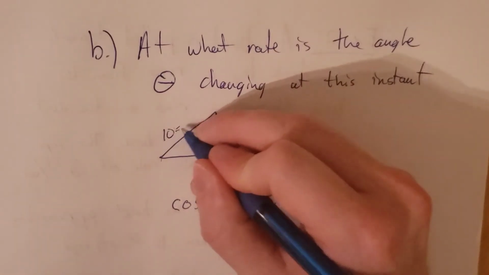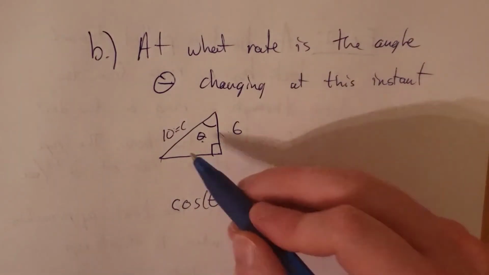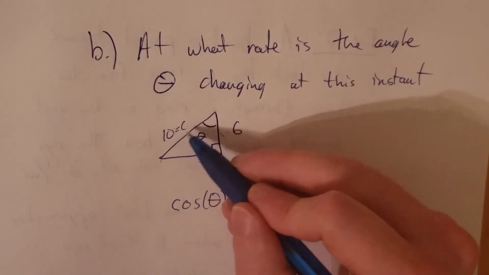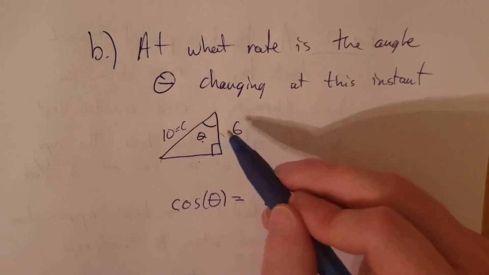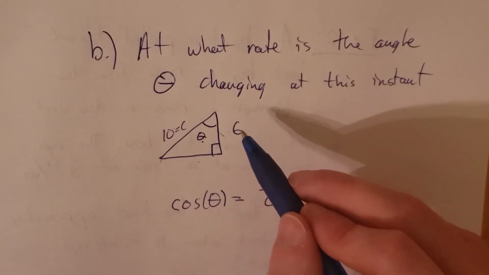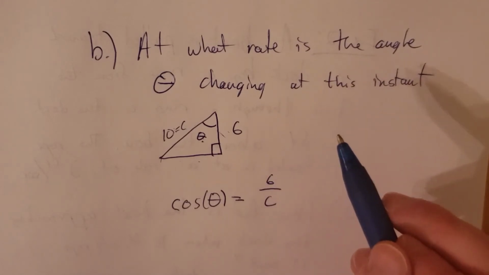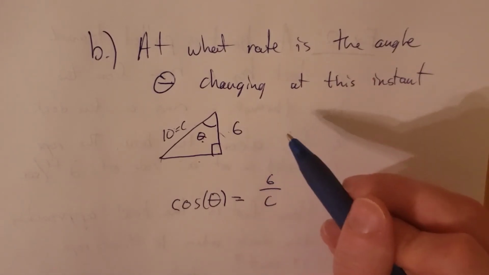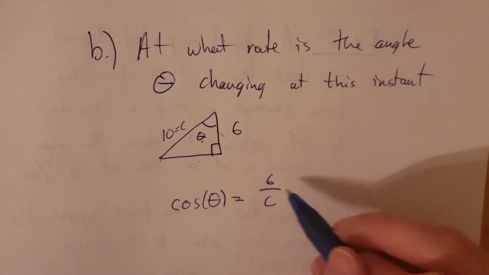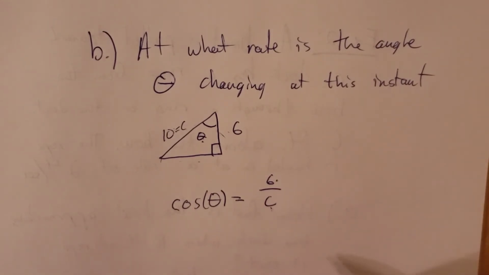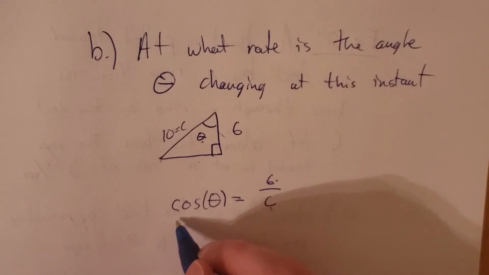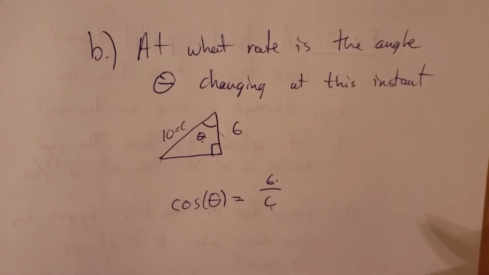C, even though we know it's 10 at this instant, is actually changing, because we know dc/dt is negative 2 feet per second. The 6 is not changing, so I can leave that as a constant. I need to put c as a variable, though, since that is changing. And of course, theta needs to be a variable here because that is changing as well. And in fact, d theta/dt is what we want to calculate.